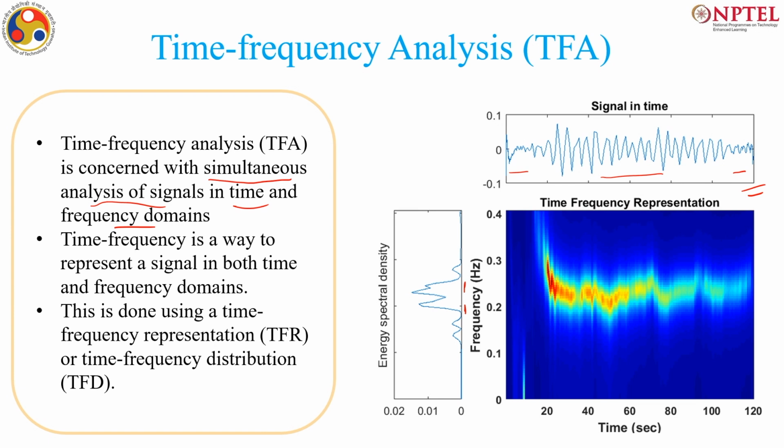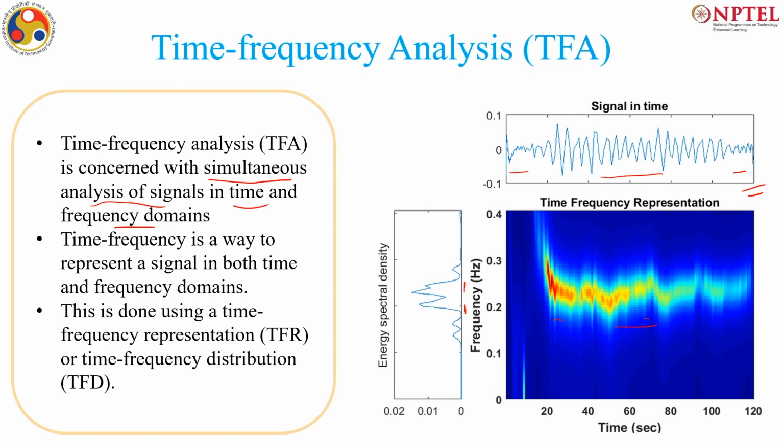So, if we look at this kind of representation, which is called a time frequency representation, often this is also called a spectrogram. Here we can see at this time instance which frequencies are dominant, and at this time instance which frequencies are dominant.